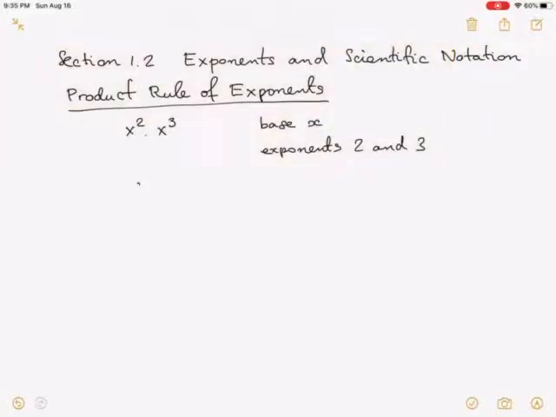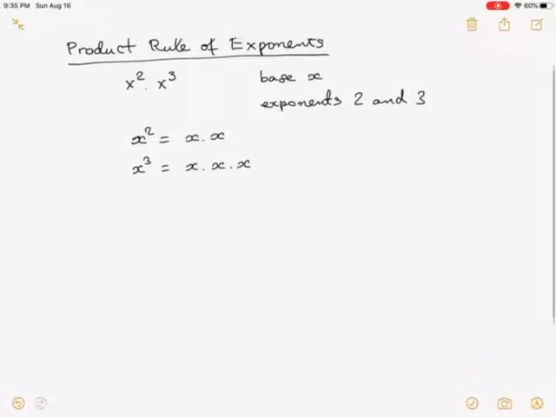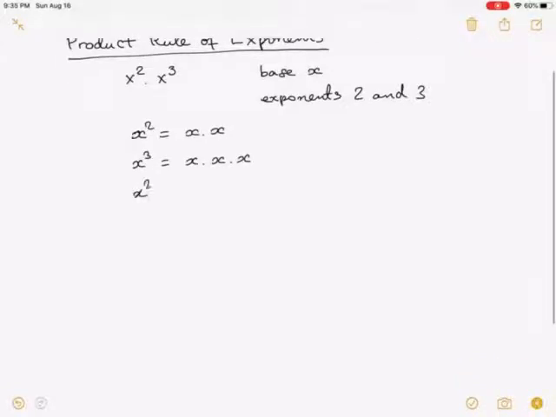So, expand each expression. X squared is x times x. X cubed is x times x times x.